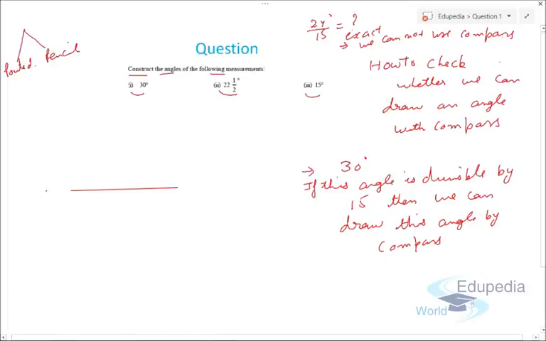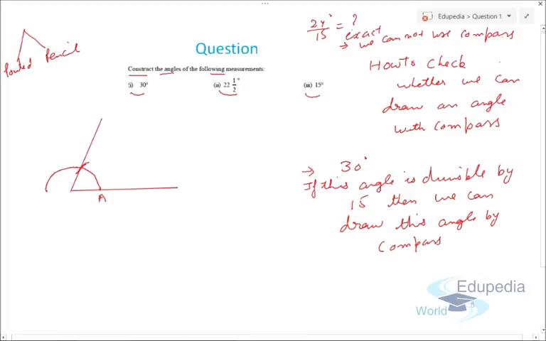Then we draw an arc like this, and with the same arc, keeping this as center, let's say this is A, we draw another arc. We need not change the length of the compass. Then we draw a line passing through this arc. So this becomes a 60 degree angle.